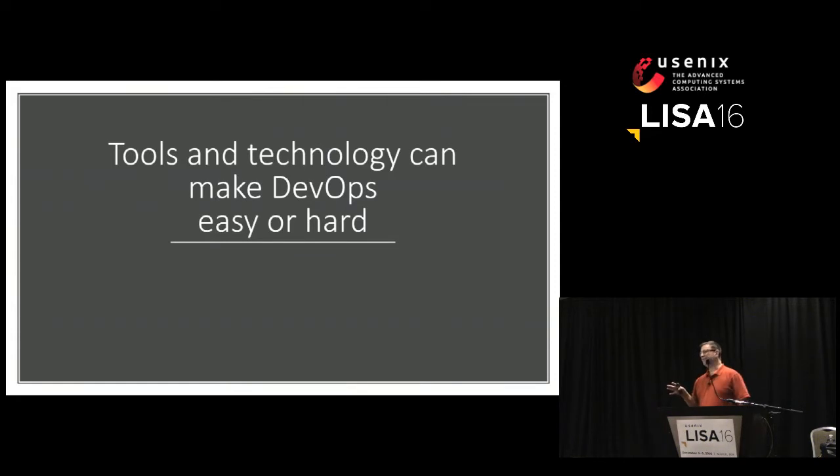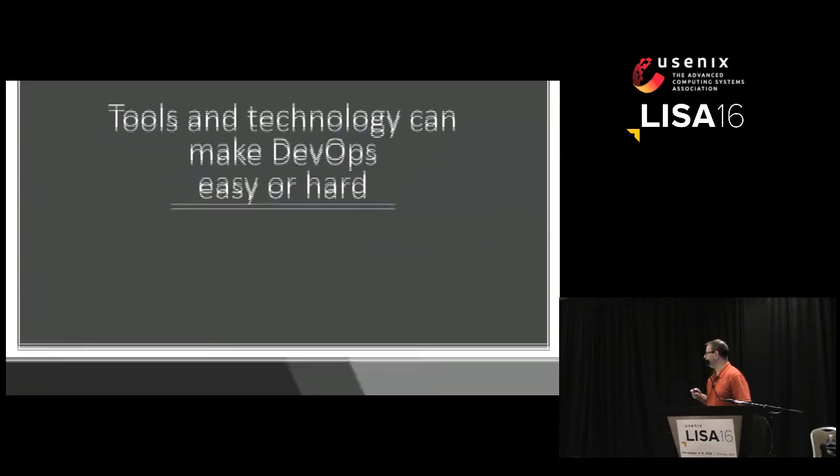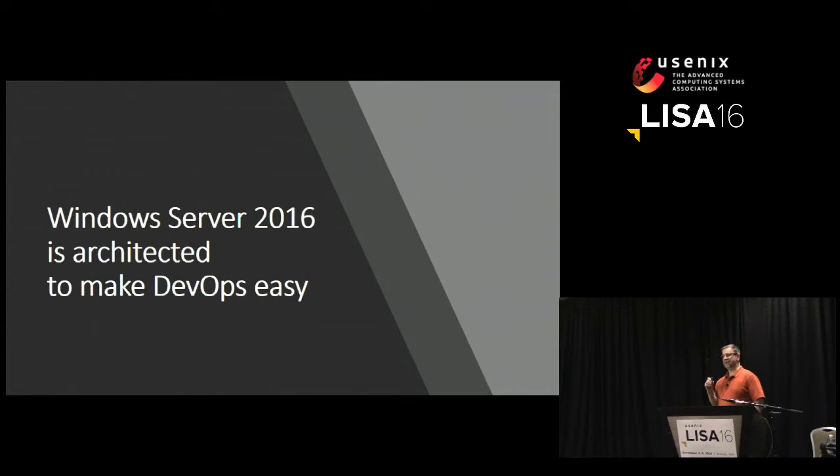Now, it's a statement of fact that DevOps was first and most successfully used on the Linux operating system and not so much on Windows. People tried to do the same thing on Windows, and there was a degree of success, but it was harder. So I stepped back and asked, why is it hard?